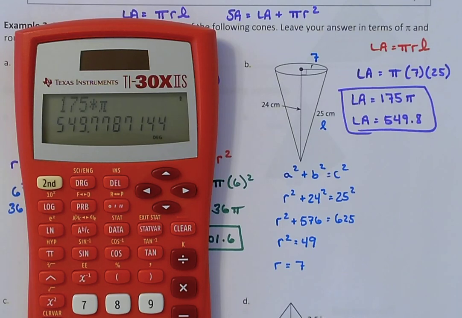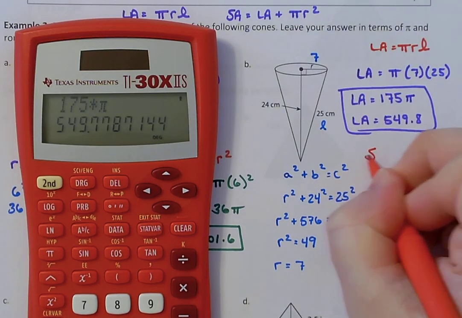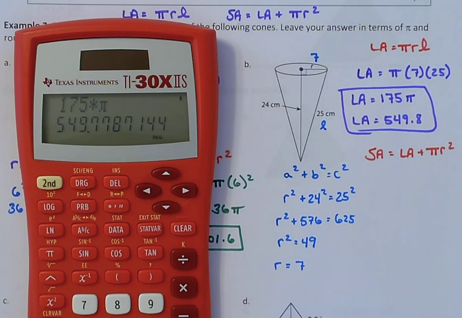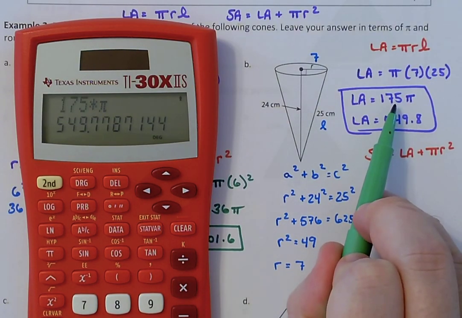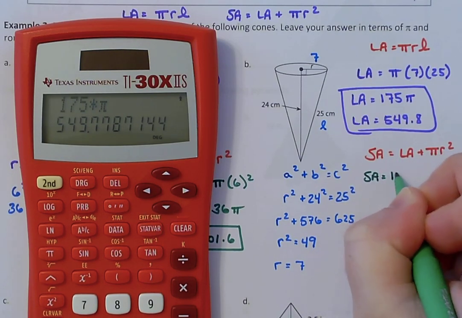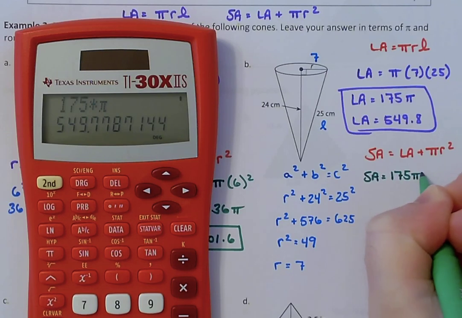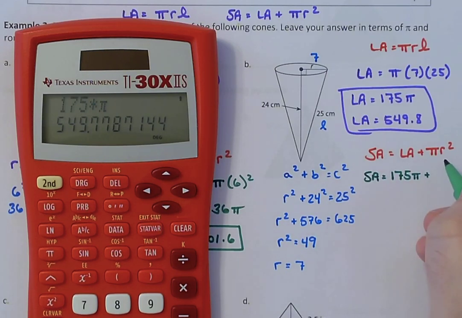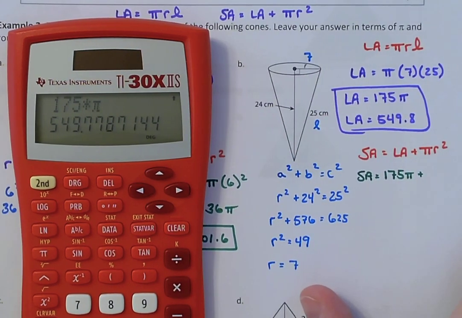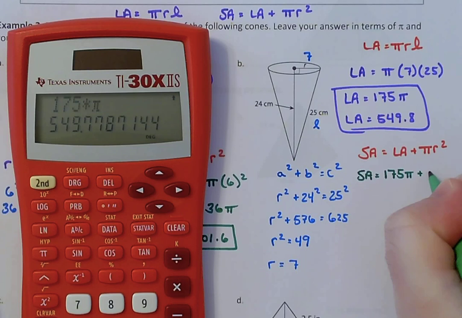Now we have to figure out surface area. And surface area is the lateral area plus pi r squared. Now we know our lateral area to be 175 pi. And then it's going to be plus pi r squared. Well, we know our radius to be 7, so we're going to plug that in for r. So it's pi times 7 squared.